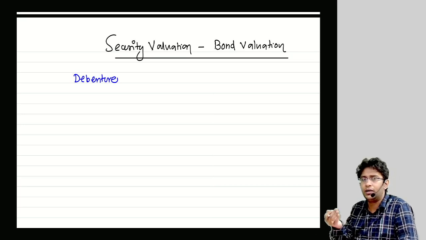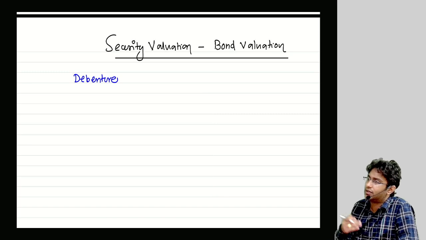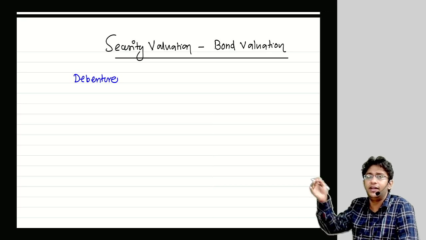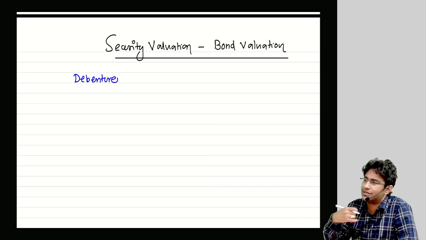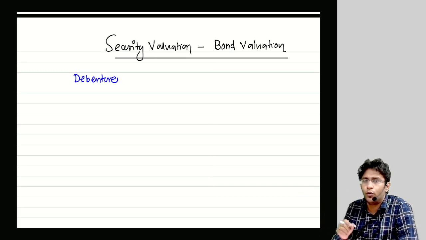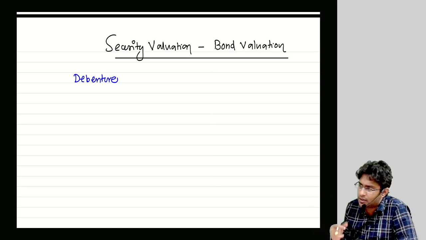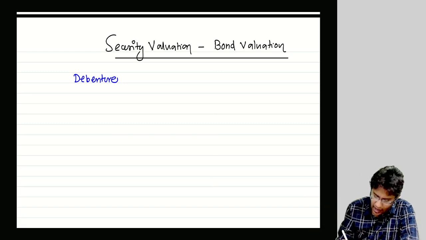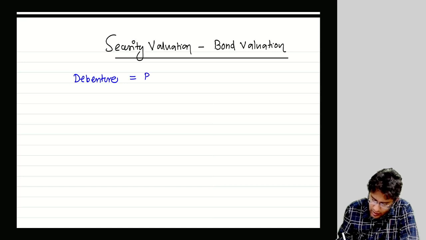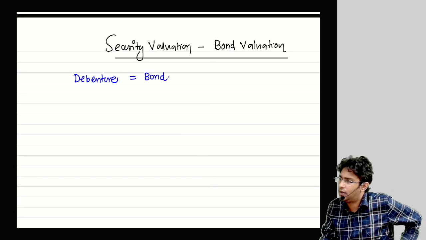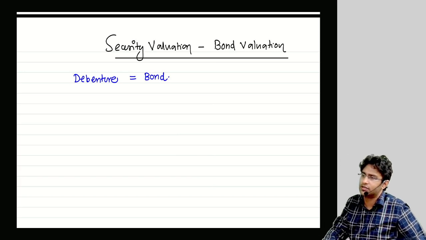Just like how a company takes a loan from a bank, which we call a term loan, if a company takes loans from various people by issuing instruments like equity shares, these instruments don't give them ownership, they give them a right to claim the money back along with interest. That security is called a debenture, and a debenture is a bond. Technically, there is no difference between debenture and bond. When we say bond valuation, we are talking about valuation of debentures.